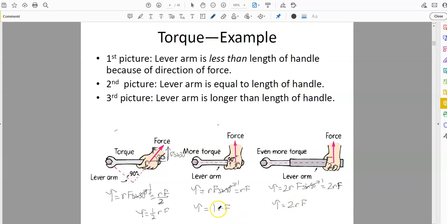This would be next, 1 RF. And this one would be least, 1/2 RF. So it's interesting that even though you have the same force applied to each one of these, it depends on the angle, okay? And it also depends on the distance as well. By the way, all of these would be creating a positive torque because all of these forces would spin it counterclockwise, which is positive z. All right.